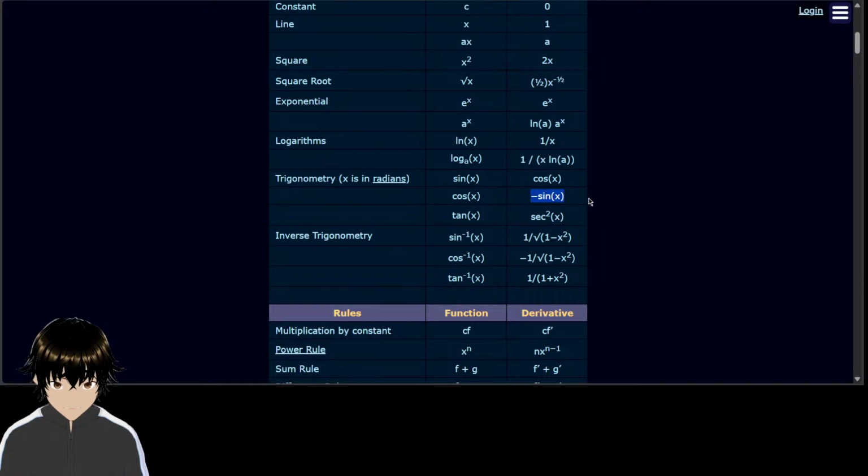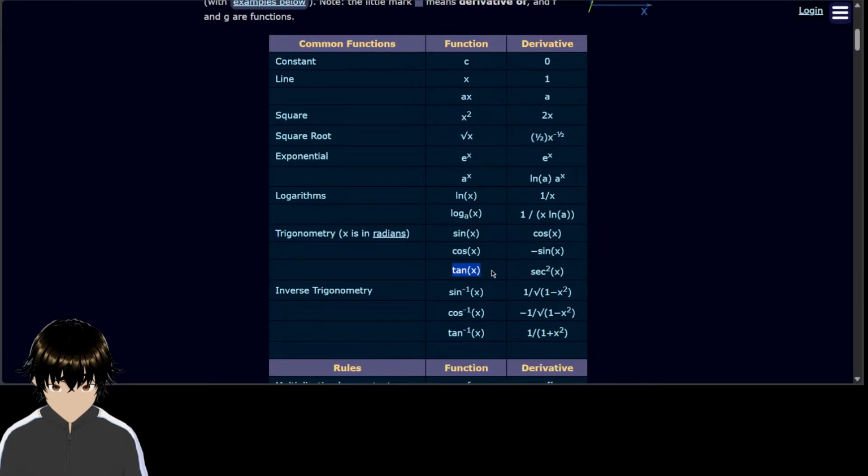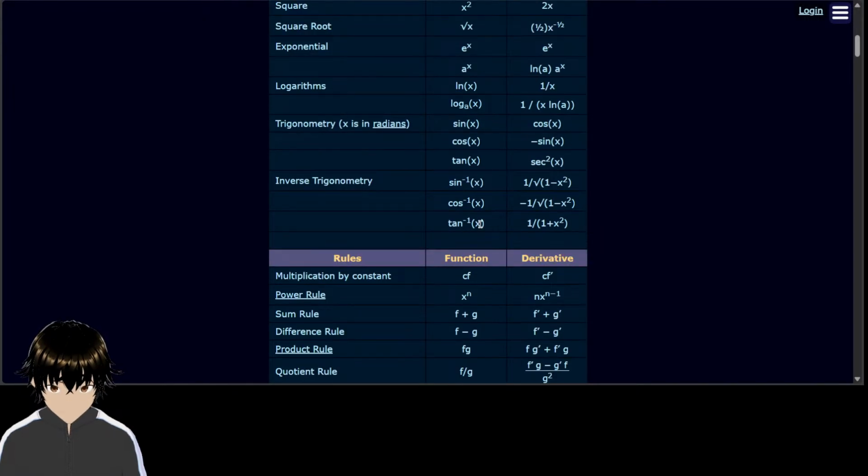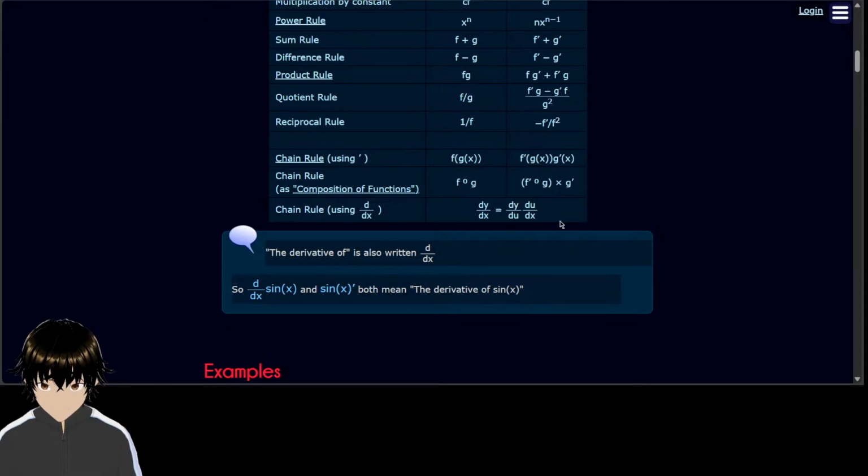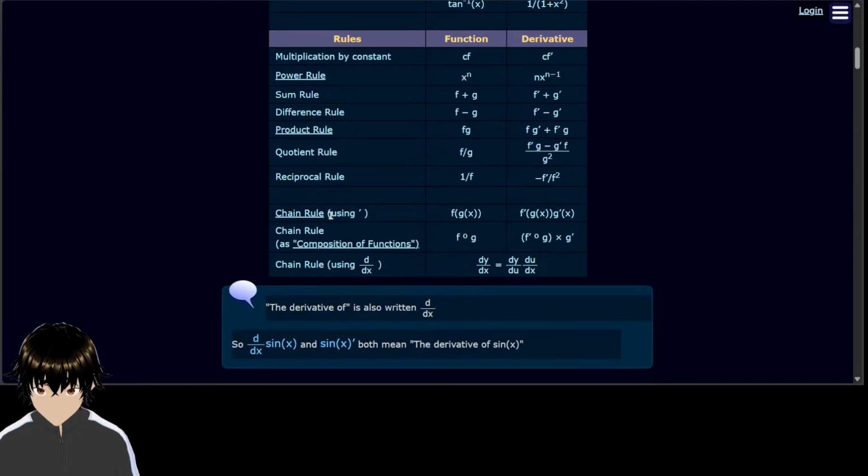Cosine is a negative sine of x, tangent of x is secant squared of x. These are what I'm referring to.